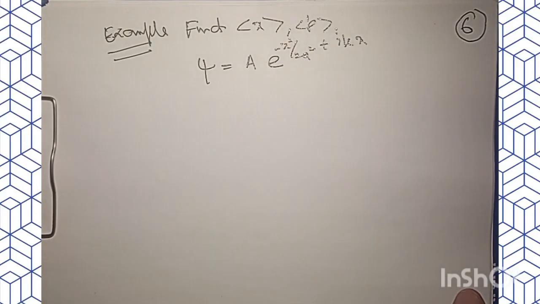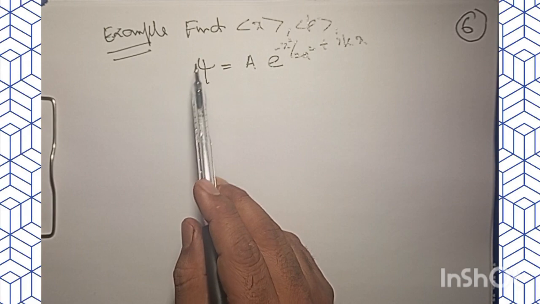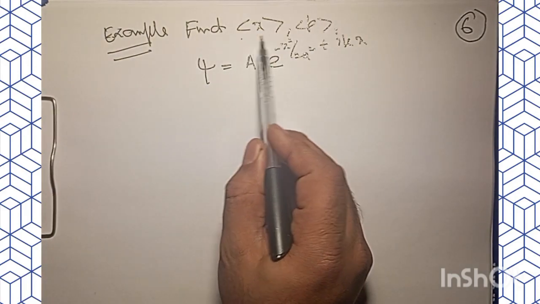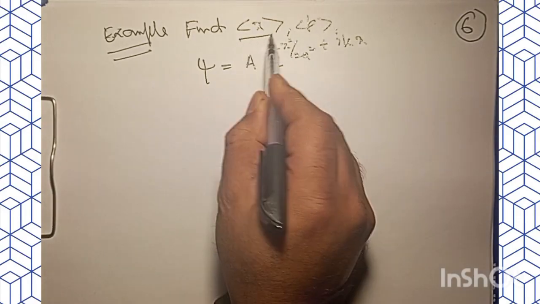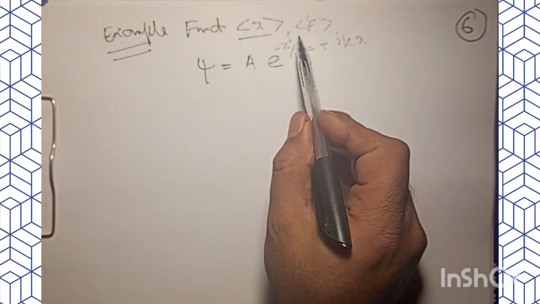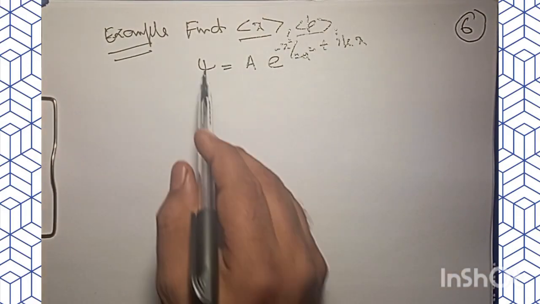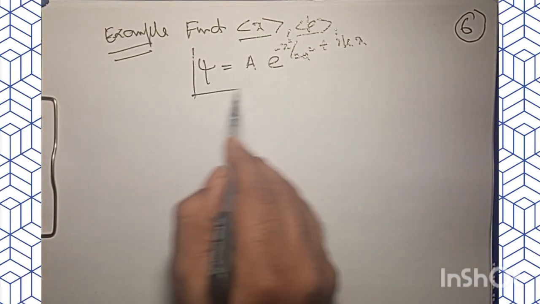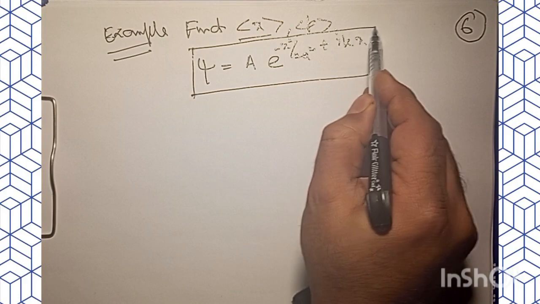Now let us go with another example where we would like to calculate the expectation value of position x and the expectation value of momentum, and the wave function that we have is this.